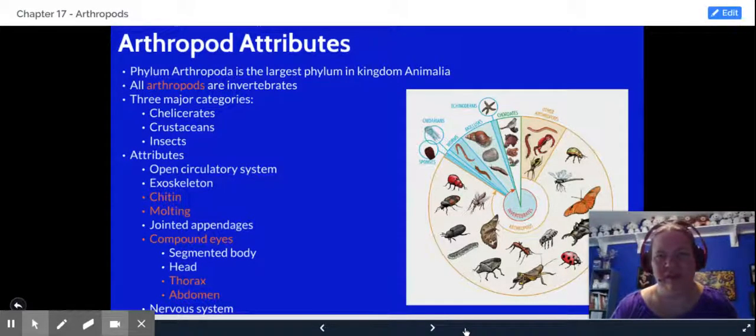One thing that it talks about at the beginning of the chapter is how flies are used in forensic entomology. And you guys know I also teach forensics.